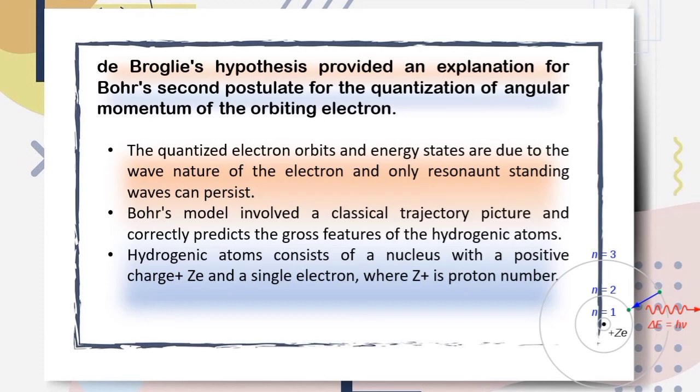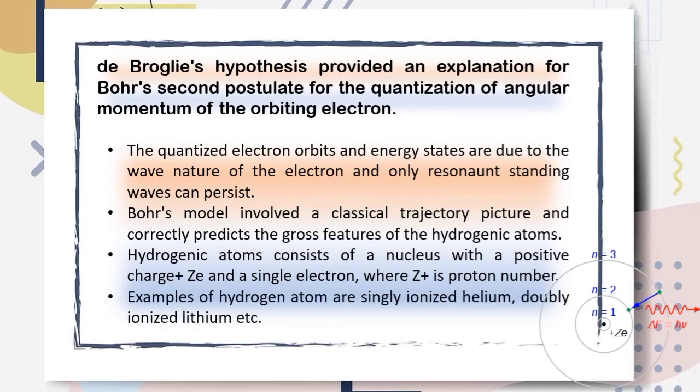Hydrogenic atoms consist of a nucleus with a positive charge Z, where Z is the proton number, and a single electron. Examples are singly ionized helium, doubly ionized lithium, and so on. In particular, it predicts the frequencies of the radiation emitted or selectively absorbed.